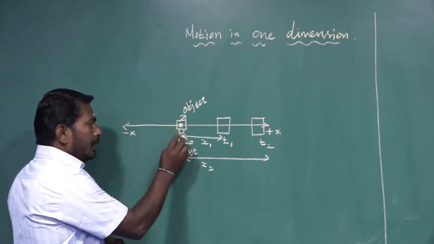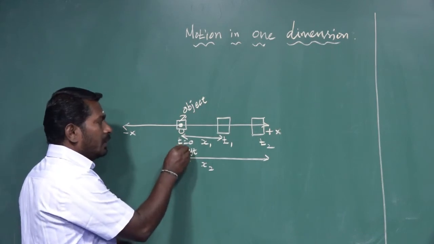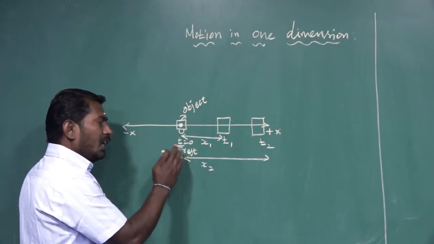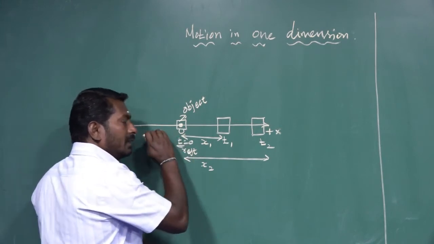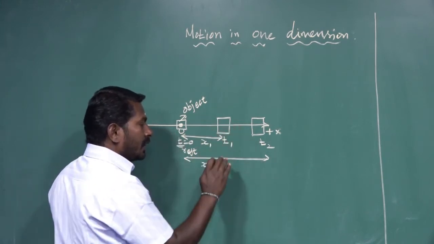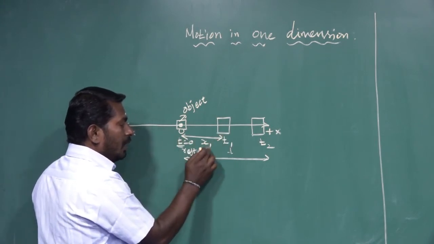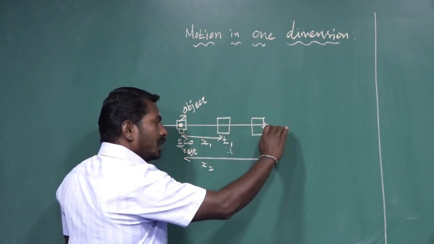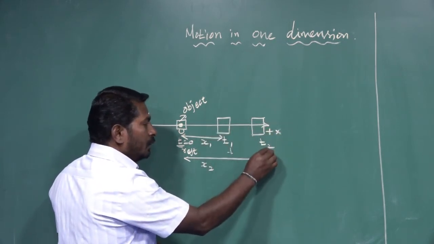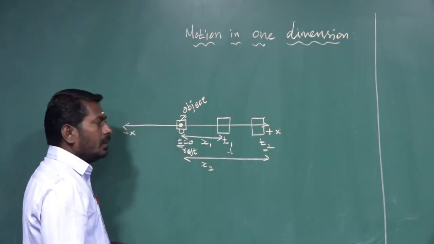Here, if your body is initially at rest at the origin at time t equal to 0, and as time starts the body travels along the positive x-axis along a straight line, at the instant t1 the position from the origin is x1, and the body continues to move towards the positive x-axis; at the instant t2 the position from the origin is x2.